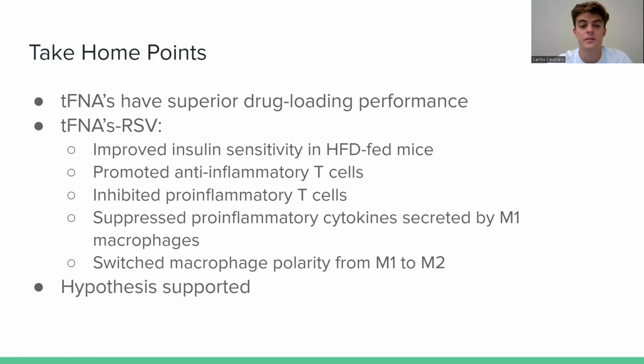As far as specific to the tFNA RSV combination, they did find that this treatment helped to improve insulin sensitivity in the high-fat diet-fed mice. It helped to promote anti-inflammatory T cells, as well as inhibit the pro-inflammatory T cells.